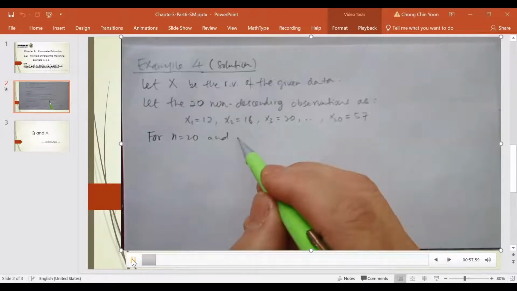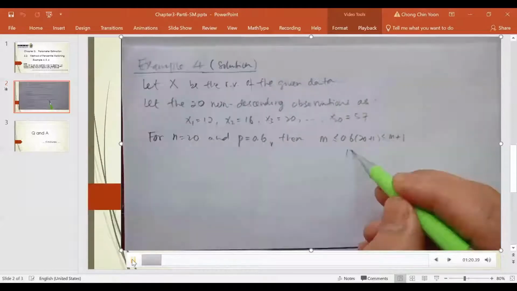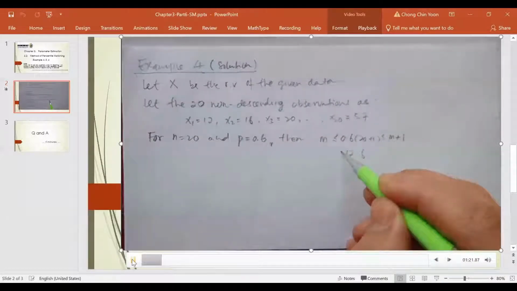Then from this inequality, we will have 0.6 multiplied by n plus 1, which is bounded from m to m plus 1. That is, 12.6 is bounded between m and m plus 1.